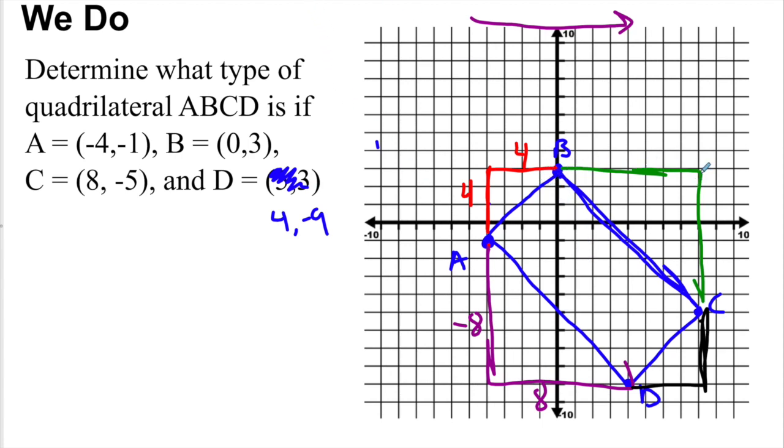I'm going down. 1, 2, 3, 4, 5, 6, 7, 8. Okay, black. I'm going over, up. 1, 2, 3, 4. I'm going over. 1, 2, 3, 4. Okay?